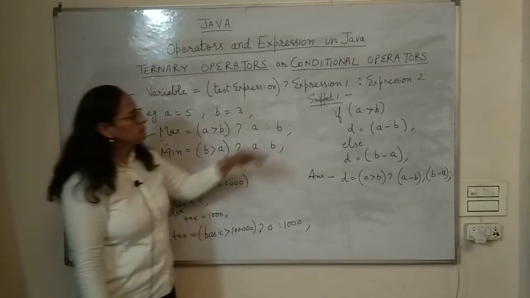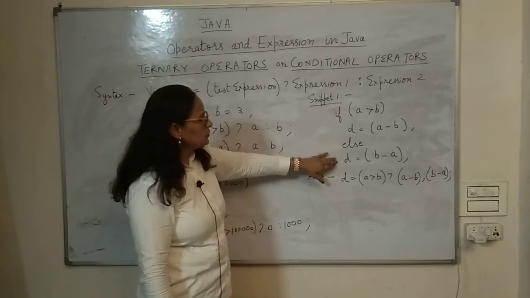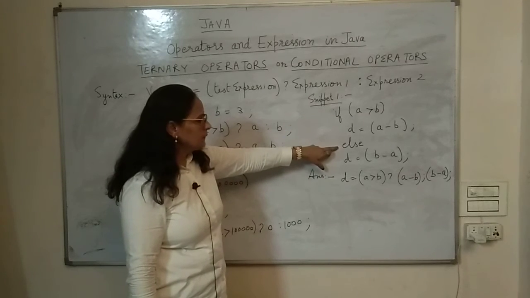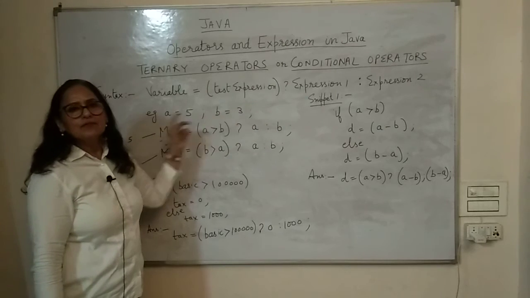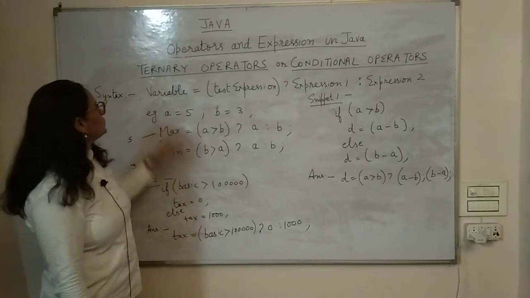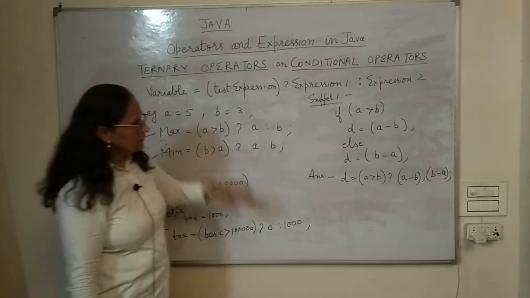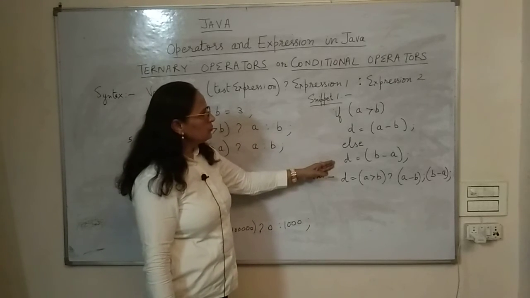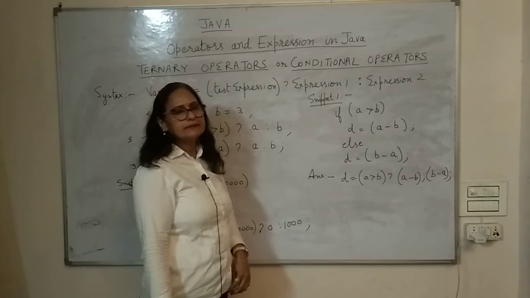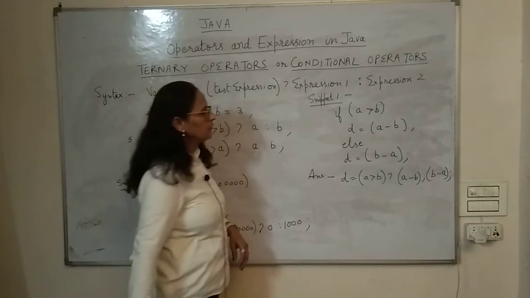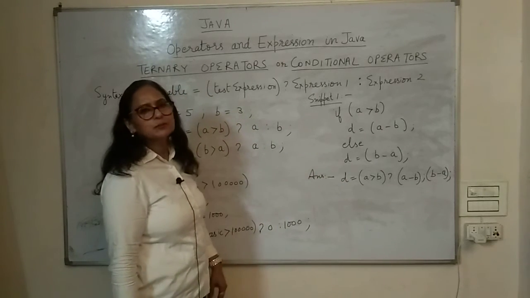Now, as I already told you, an if-else statement can be written as one full statement using the conditional operator. Here we are going to do two examples where we change the if-else statement into the conditional operator, a single line expression.